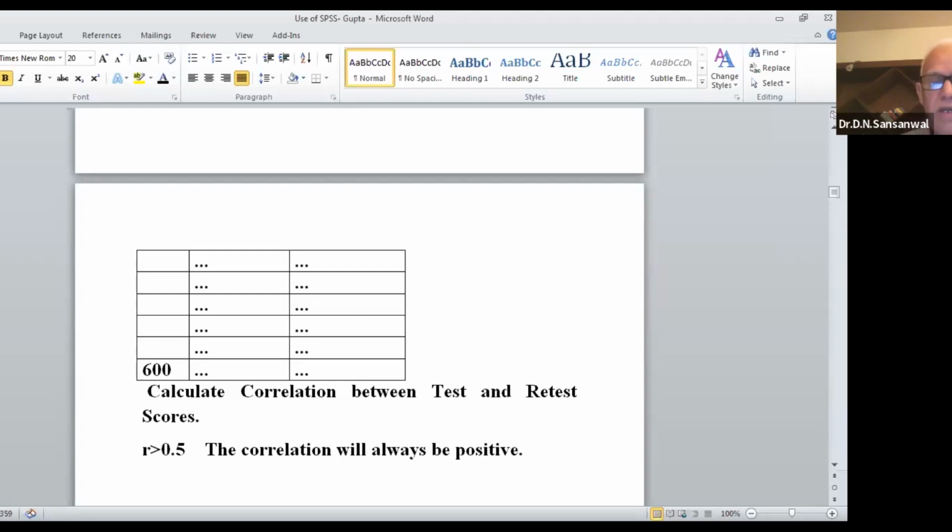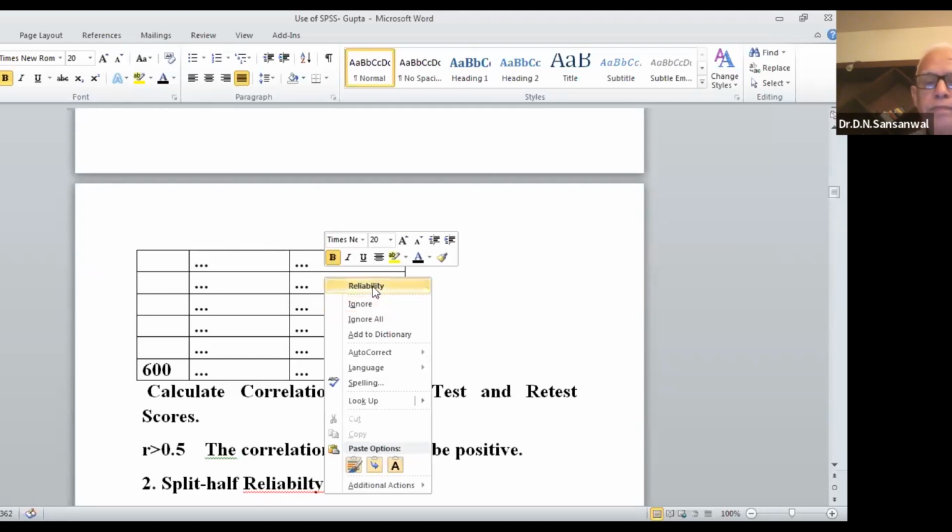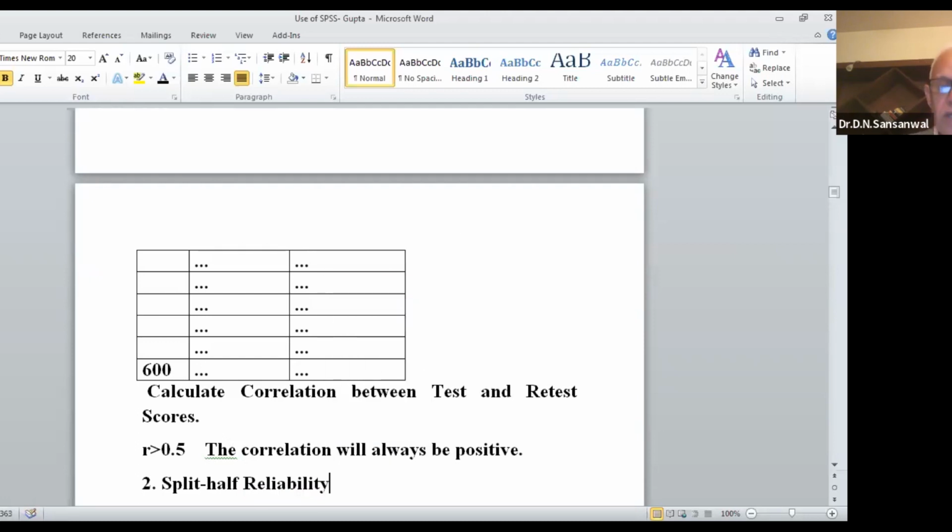Now, there is another one, and that is split half reliability, or you can also call it the odd-even method.